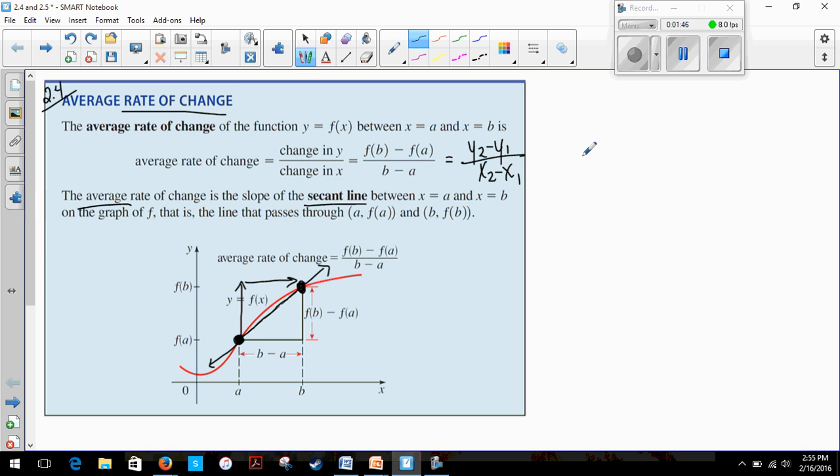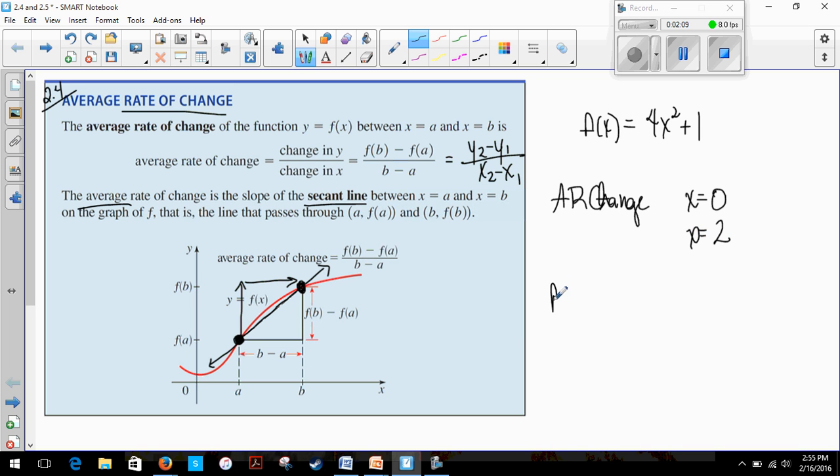And so if I have something like f of x equals 4x squared plus 1, and I want to know the average rate of change between where x equals, let's say, 0 and x equals 2.